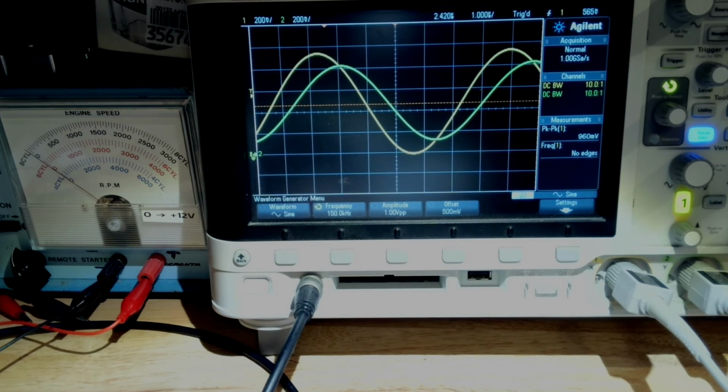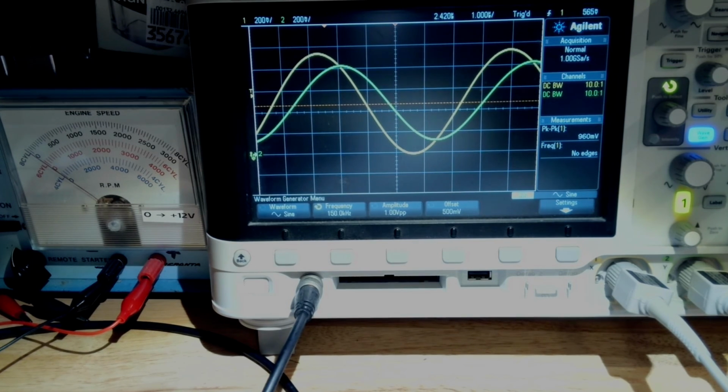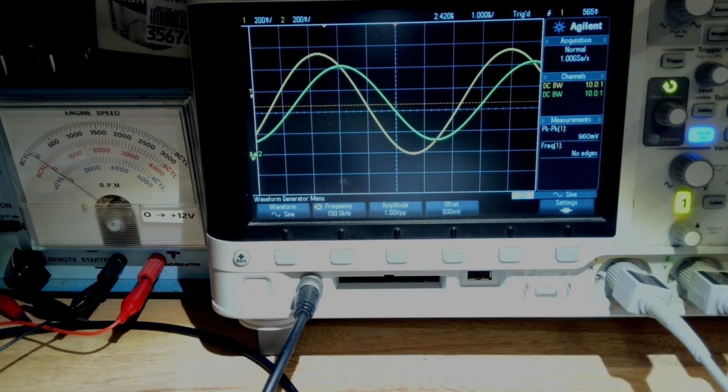So if I do 1 divided by quantity 2 times pi times L over R, and I get 159 kilohertz.